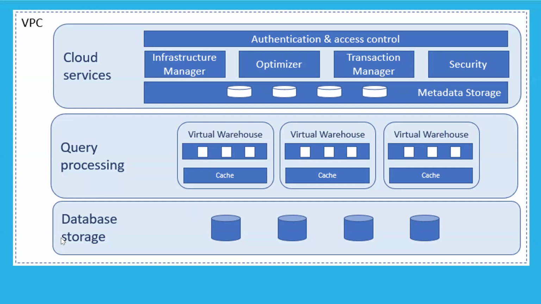One is the database storage layer, another one is the query processing layer, and another one is the cloud services layer. We'll discuss them one by one. This is very important, so you need to understand it very well. Let me know in between if you get any doubts.